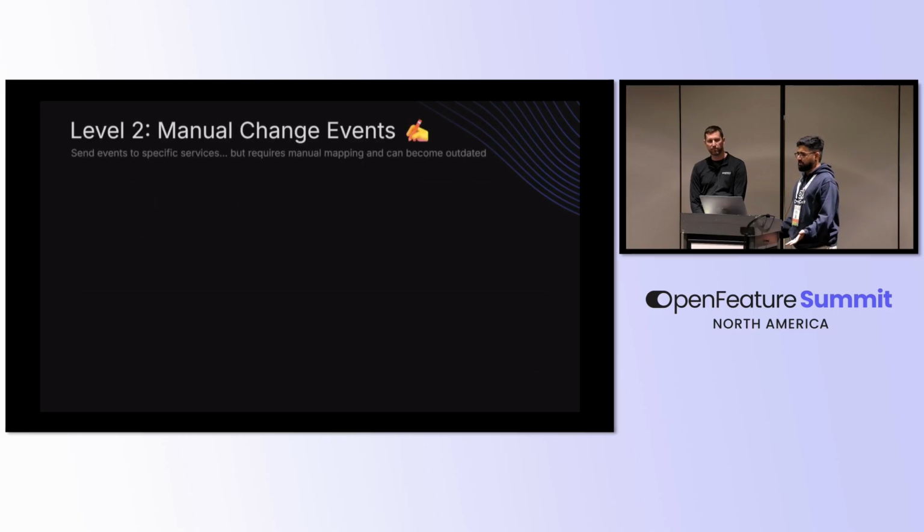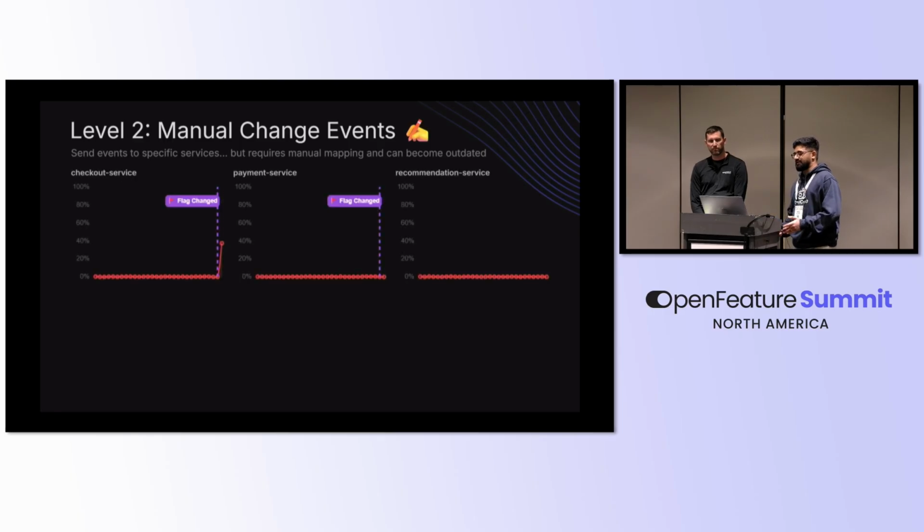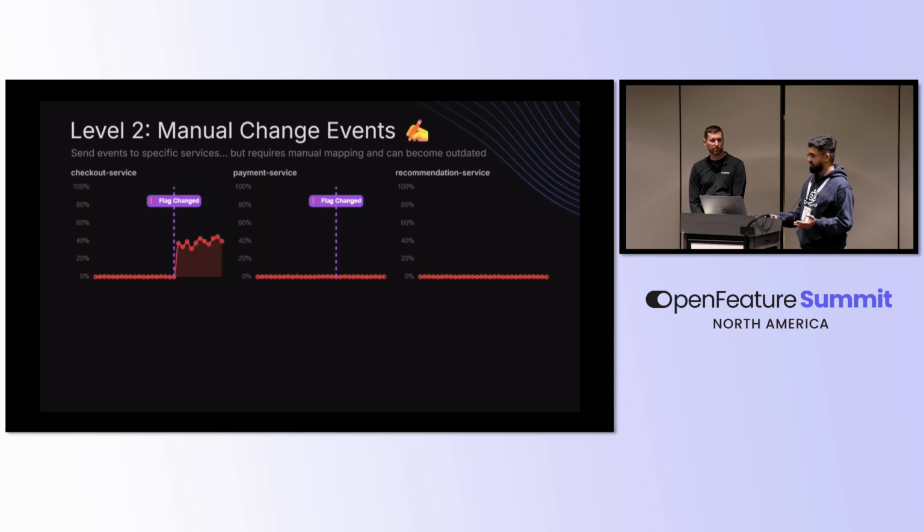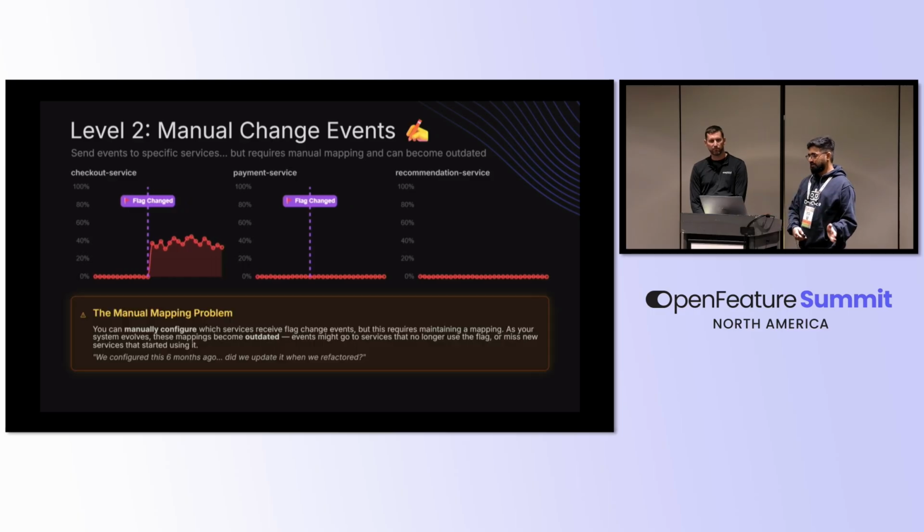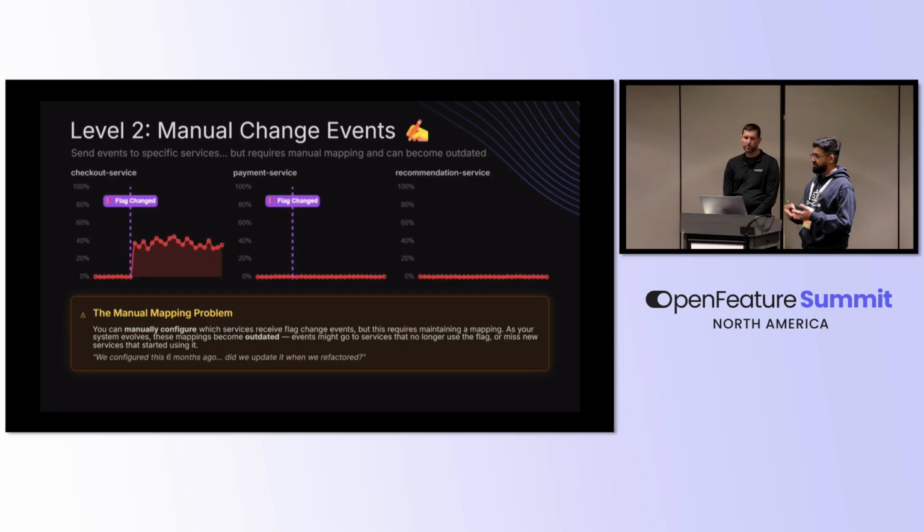Let's step into level 2, which is manual change events. What we mean by that is only sending the flag changes to the services that are actually using those flags. When you have a microservice architecture, this becomes very common, where you don't have flags being used everywhere. But this also has a problem. The problem here is manually maintaining the mapping of everything.